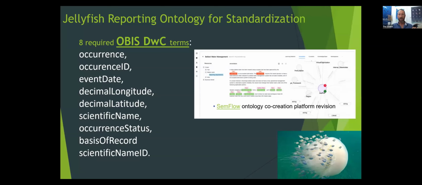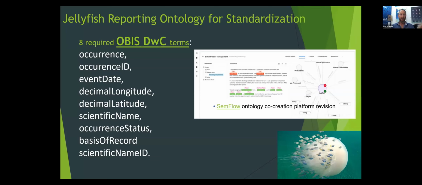We looked at different terms, also using SemFlow that Ramani helped us build. And just looking at the different terms, we start with the OBIS, which is the largest marine repository for biodiversity in the oceans. And they have Darwin Core terms, that's the DwC, which is the standard for biodiversity reporting.